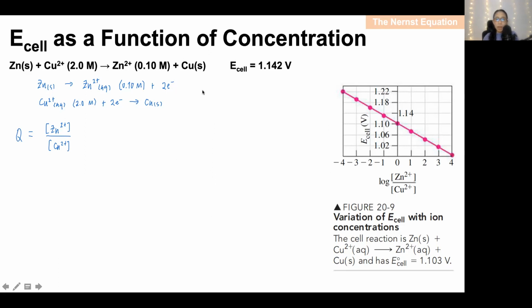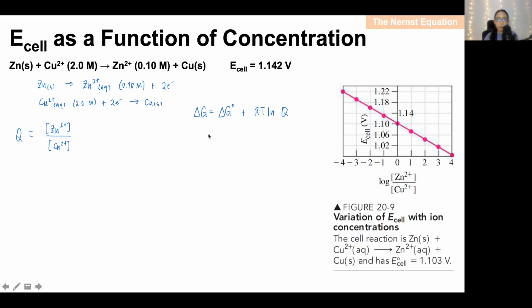And then recall, class, that we have this relationship between delta G and delta G naught. Again, this is delta G at standard state. We have delta G equals delta G naught plus RT ln Q, where Q is your reaction quotient, right?